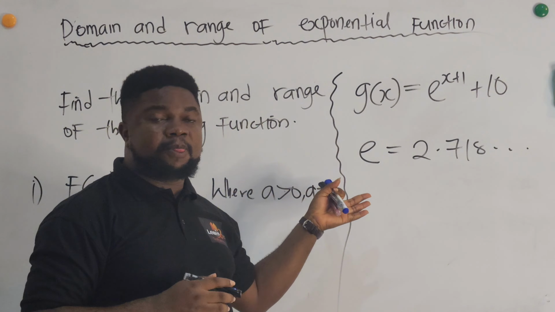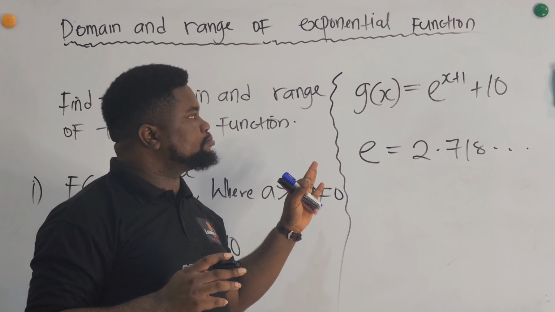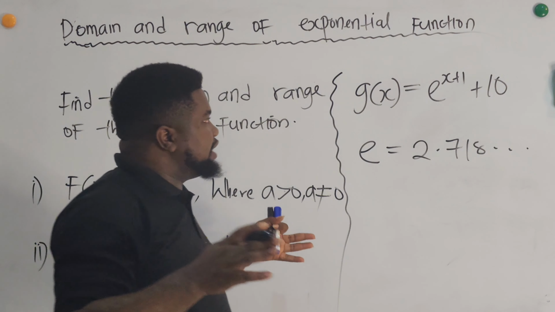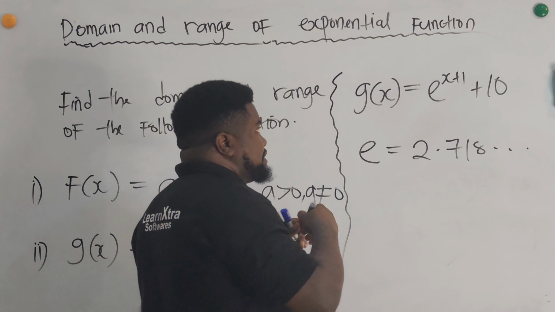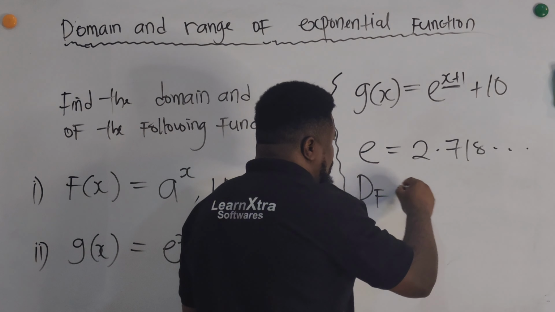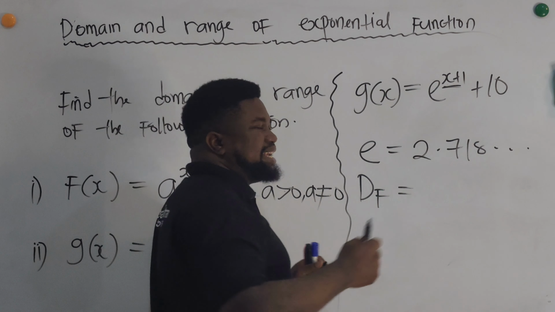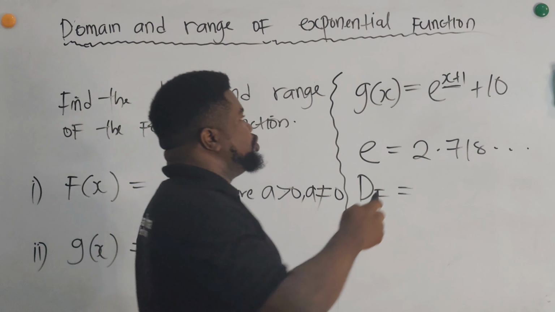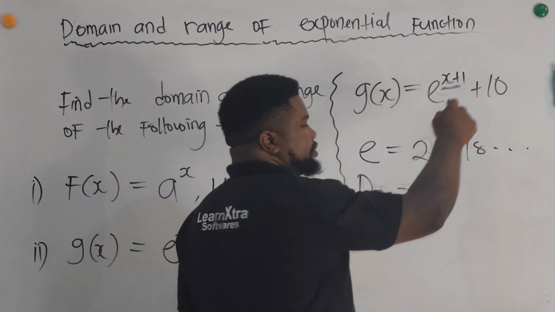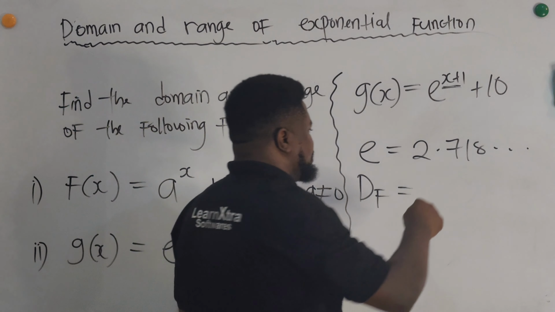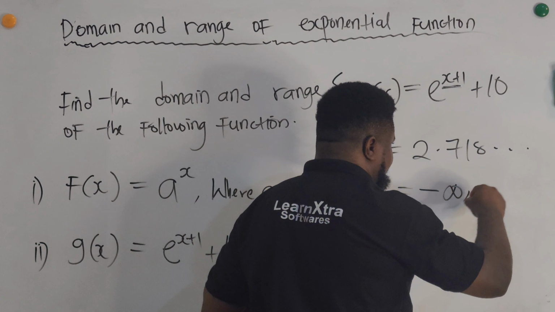The domain means what can we put as x here to have an answer? Everything will work. It's just a simple polynomial function in the exponent. So my domain is all real numbers.